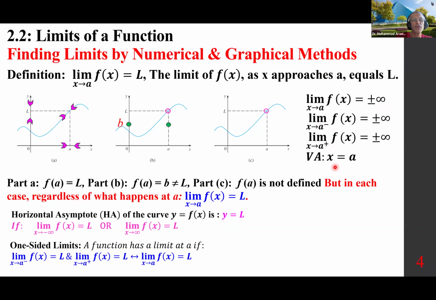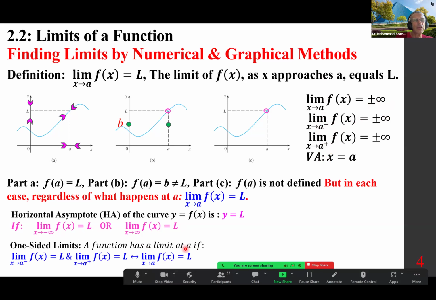One-sided limits. A function has the limit at a if the limit of f of x as x approaches a from the left equals L, and the limit of f of x as x approaches a from the right equals L. Therefore, the limit of f of x as x approaches a is L. In other words, the limit on the left and right must be identical.